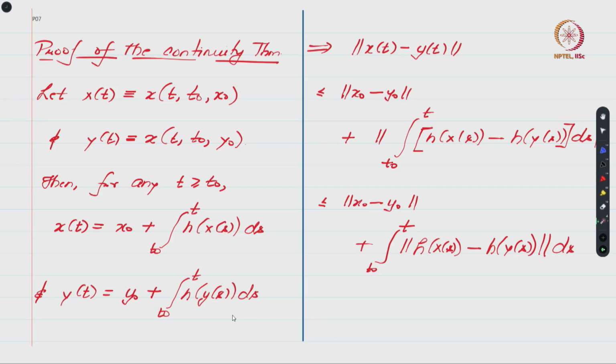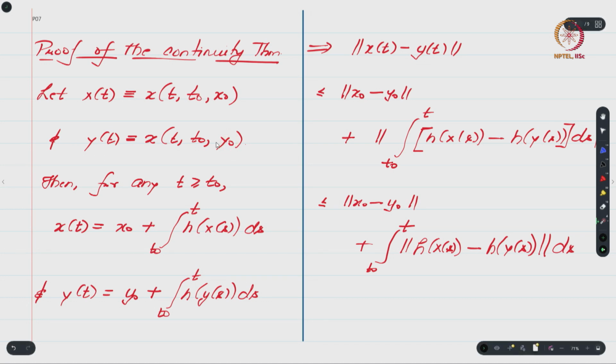So we take two initialization conditions, and let us look at this solution trajectory and this solution trajectory, and we want to look at the distance between them. For simplicity, to keep the notation and calculations simple, we will denote this by x of t and we will denote this as y of t. This is just for convenience.